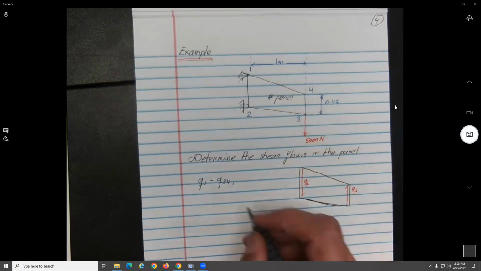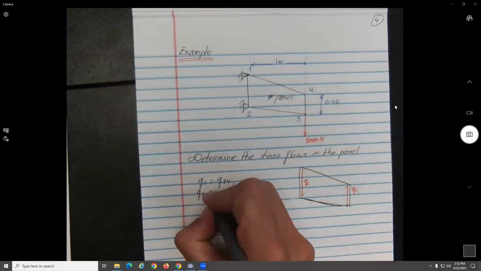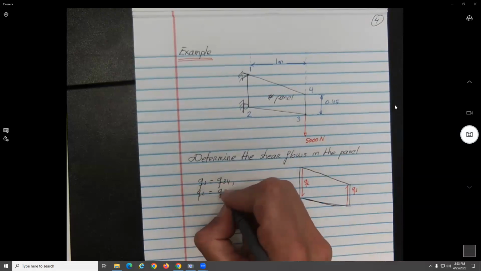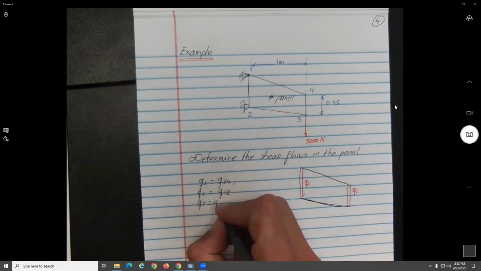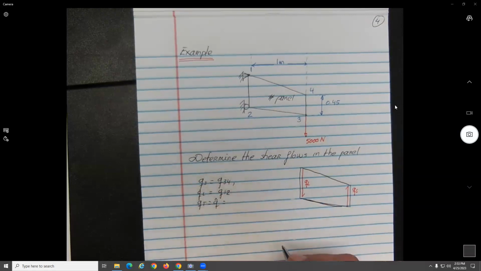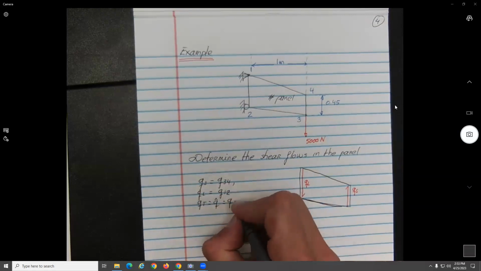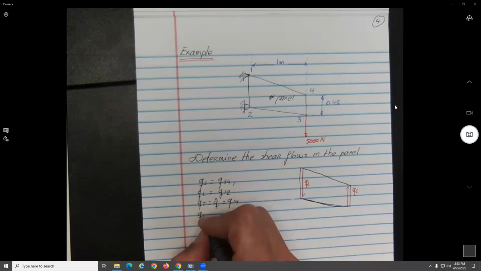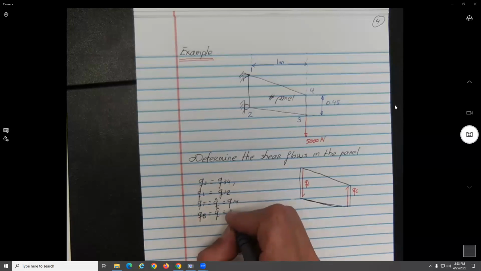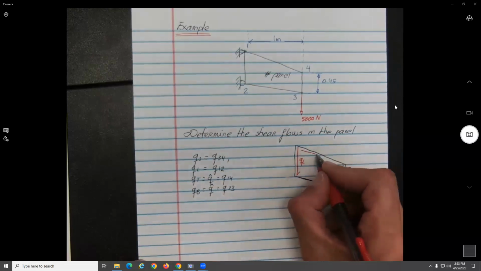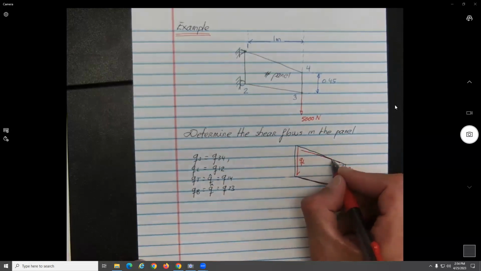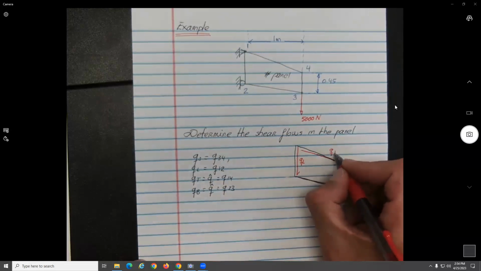If you want, I'm going to put this Q long will be what? Q12, Q top equal to Q bar, Q hat equal to Q14, and Q bottom equal to Q hat equal to Q23. All right, this is easy to do. That's Q top.